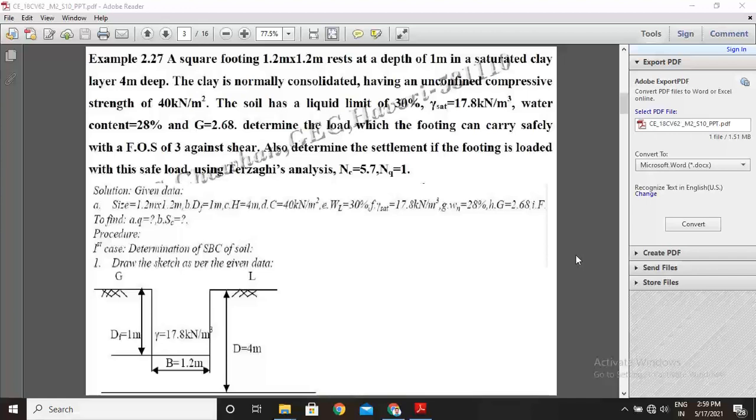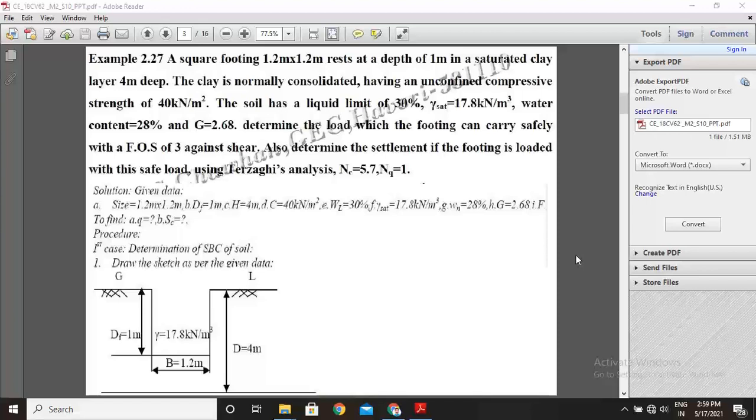Saturated unit weight, that is gamma sat equal to 17.8 kilonewton per meter cube. Water content equal to 28% is given and G equal to 2.6. Determine the load which the footing can carry safely with a factor of safety of 3 against shear. Also determine the settlement if the footing is loaded with this safe load.